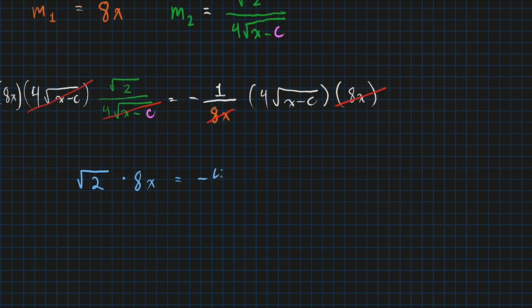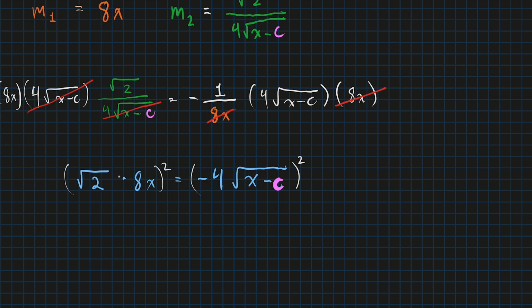Well, that is equal to negative 4 times the square root of x minus c. Now remember, we're isolating for c here, and that means we have to get rid of the square root here. To get rid of a square root, you have to square both sides. So let's do that. Let's take each side as a whole thing and square.